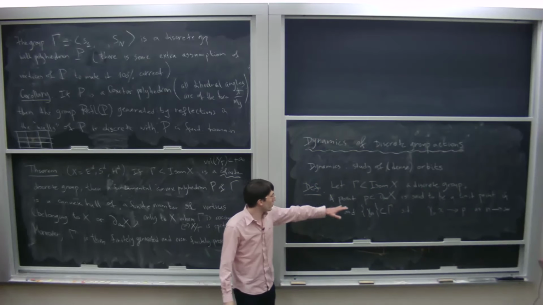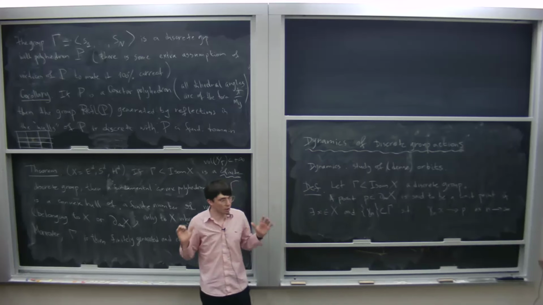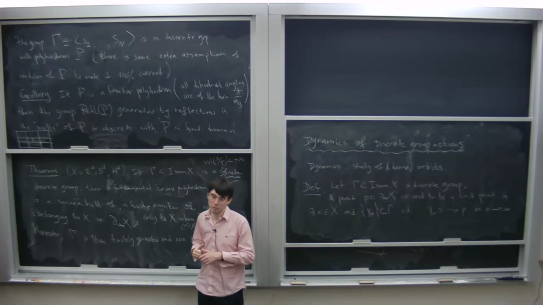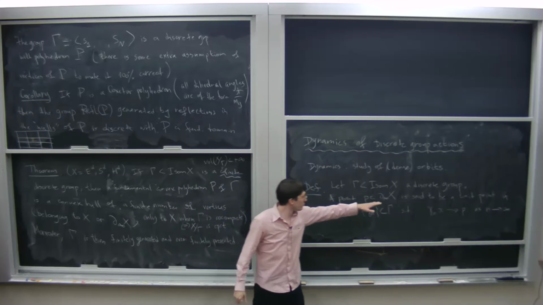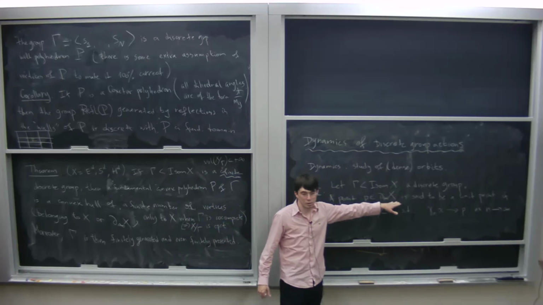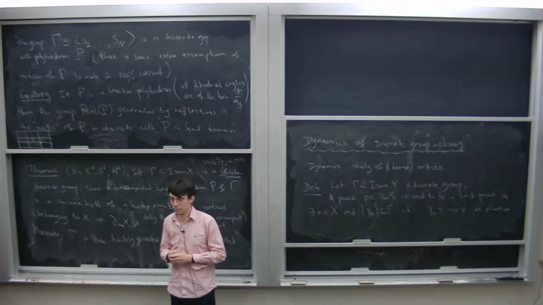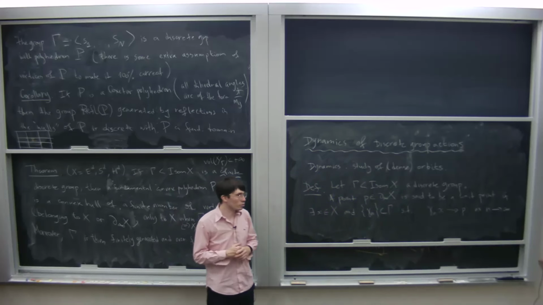This notion of a limit point, in fact, can be given for a pretty large class of discrete groups acting on a really large class of different spaces, metric spaces with some conditions.